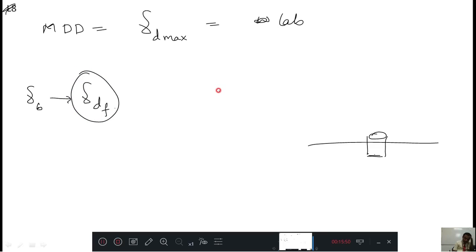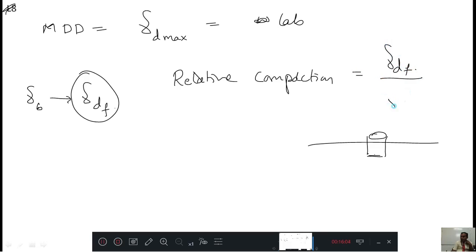Then we need to take the ratio, that is called relative compaction. Relative compaction means gamma d of the field divided by gamma d max in the lab. Whatever answer comes is called the relative compaction.